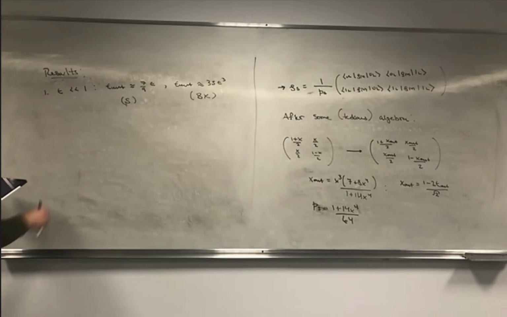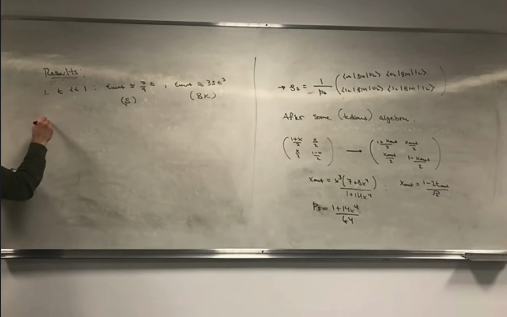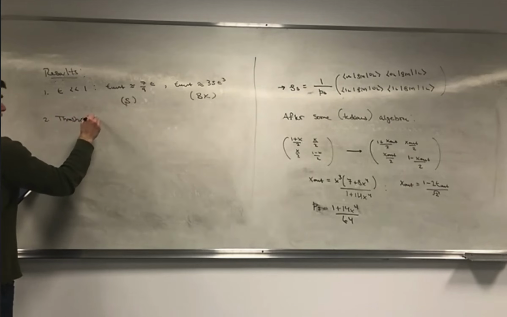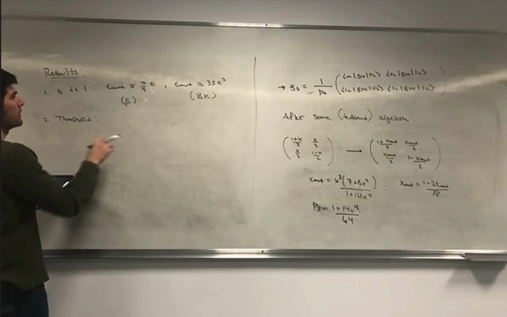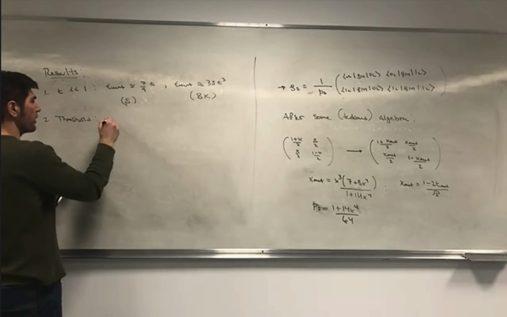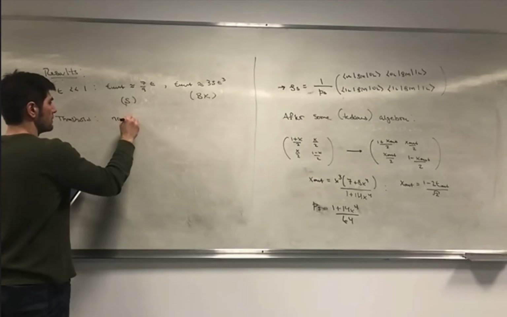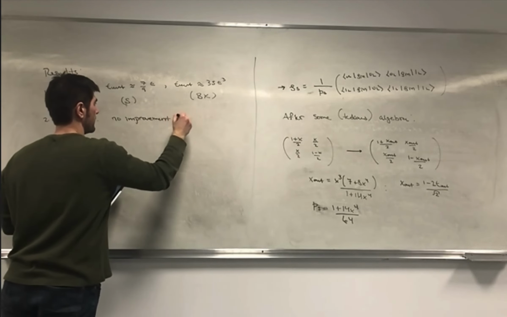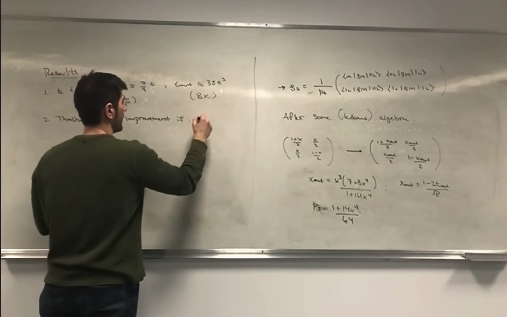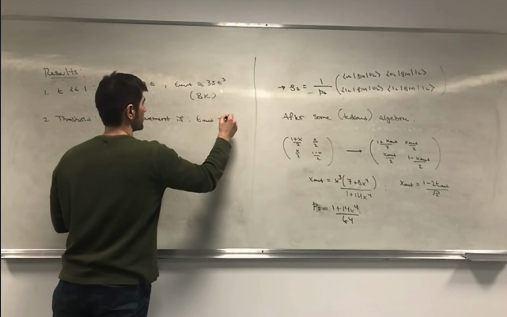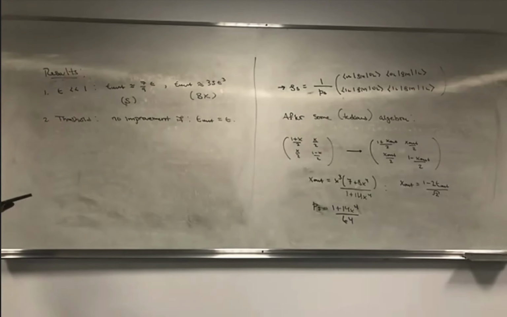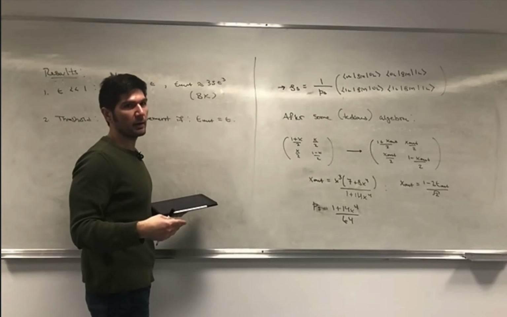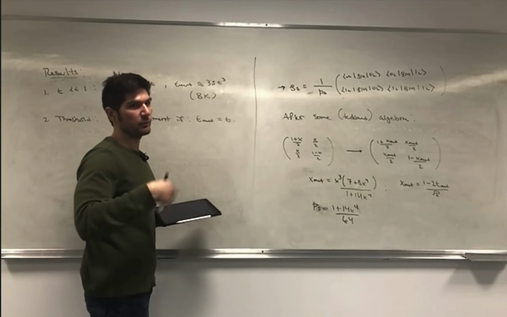Okay, so let's talk about what this threshold is. There's no improvement if epsilon out equals epsilon, because then you just keep the same error the entire time with every iteration.